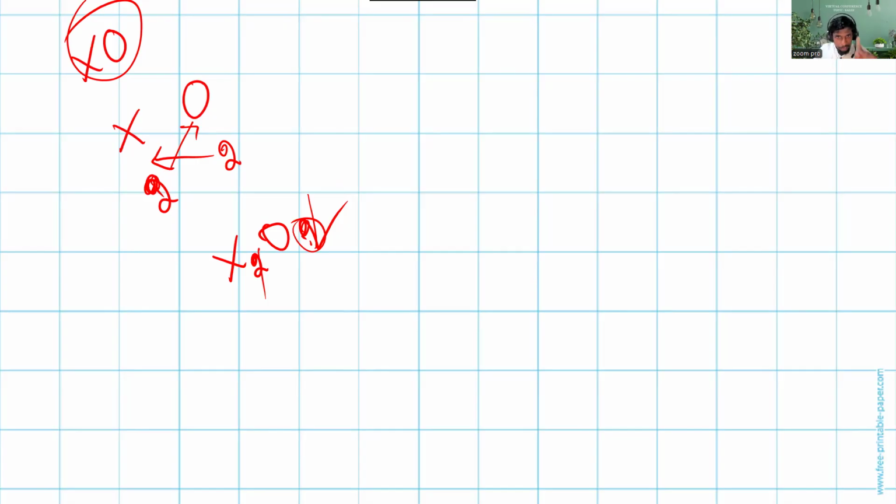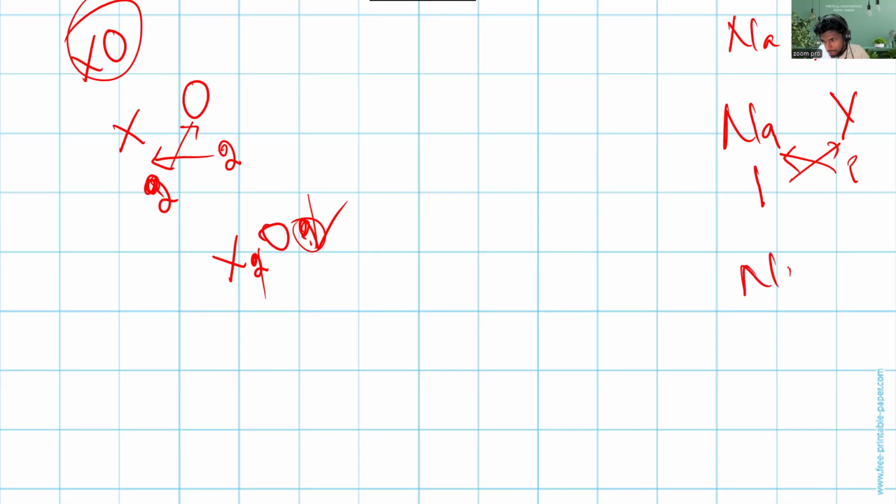That is data number 1. And data number 2 is NaY. The valency of Na is 1. We don't know the valency of Y, but when we move the numbers, the Y has the same number 1 as Na.